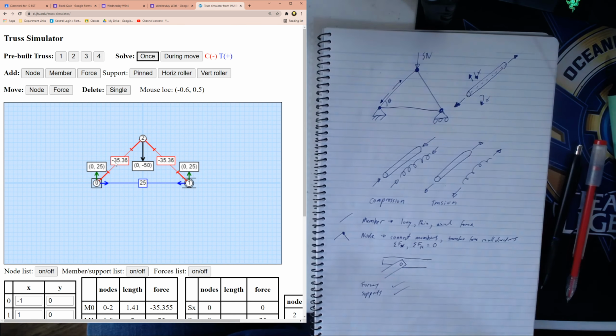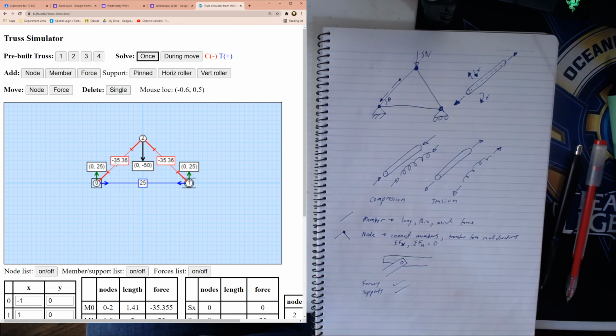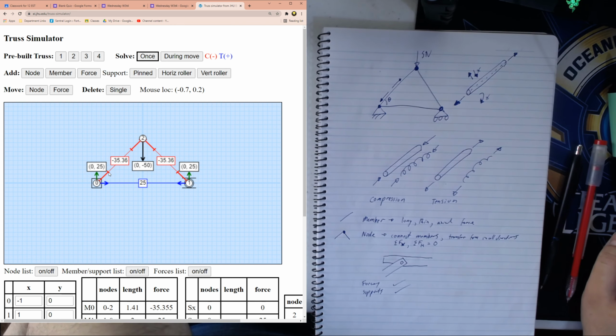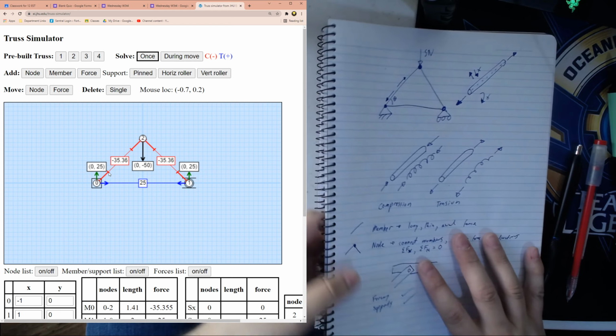Tension is if you're pulling something, like a slinky or a rubber band. That is under tension. On the screen, where they write negative, where it's red is under compression, and blue is under tension.